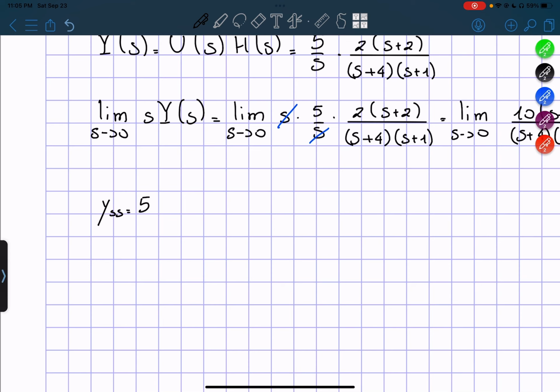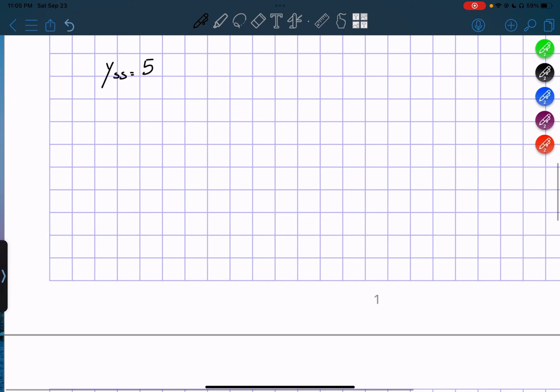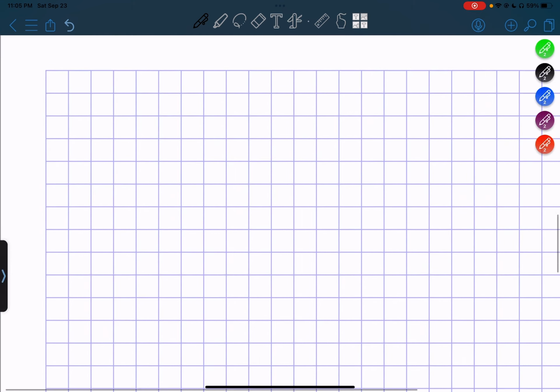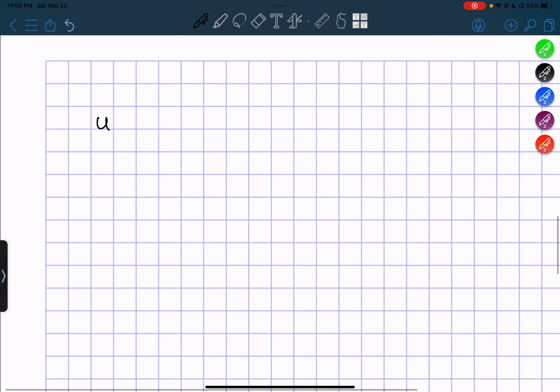Okay, well, I can give another example. This time a little bit different, not as easy. I'm going to give a u in terms of t to be equal to 0, always for t less than 0. And then I'm going to say t for when t is greater than or equal to 0.